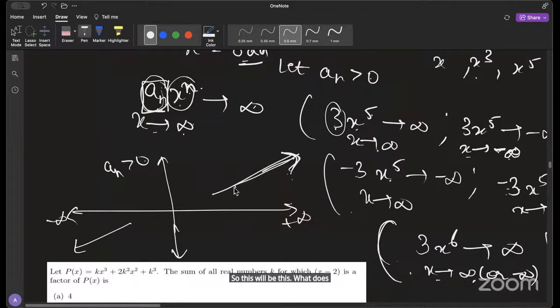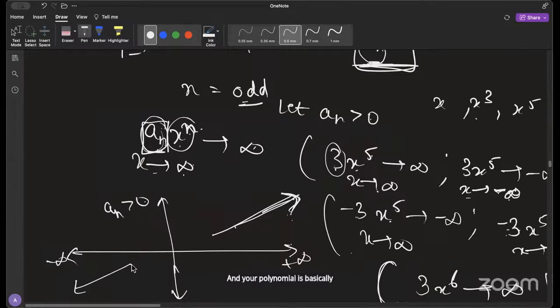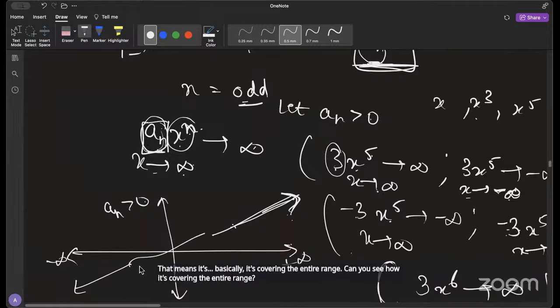What does this mean? Your polynomial covers everything from here to there. On one end, it's going to this side. On the other, it's going to this side. That means it's covering the entire range. Can you see how it's covering the entire range? It's something like this.